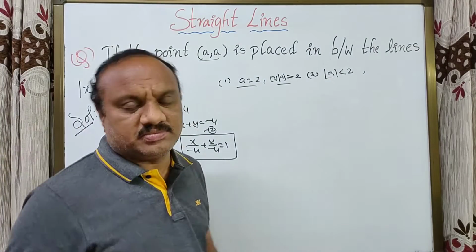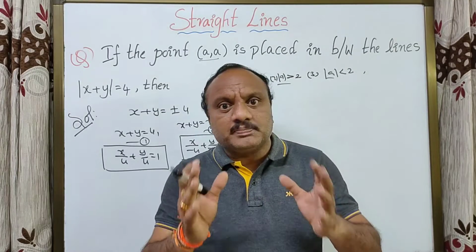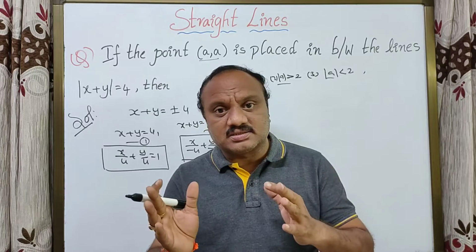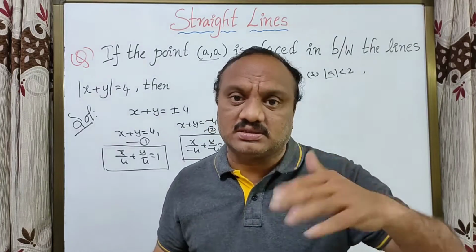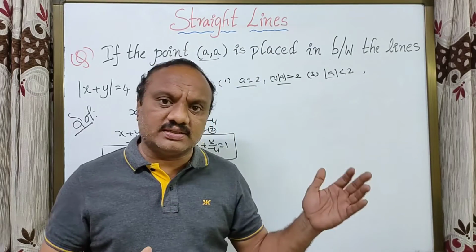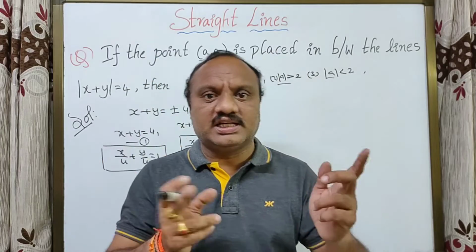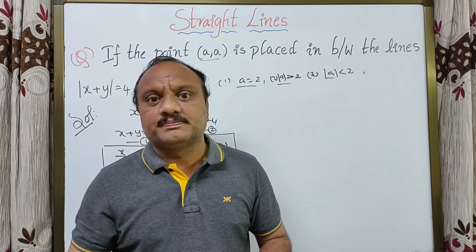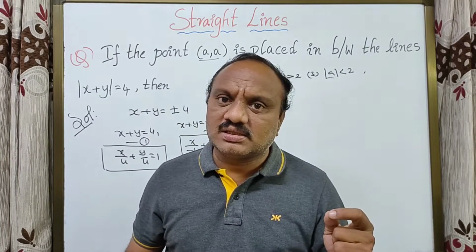Dear students, please remember this point very carefully. Every point lies on some curve. That curve may be a straight line, circle, parabola, ellipse, or hyperbola. Why? Because what is locus?